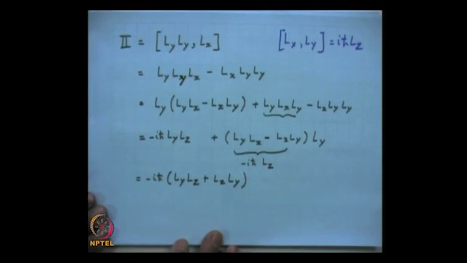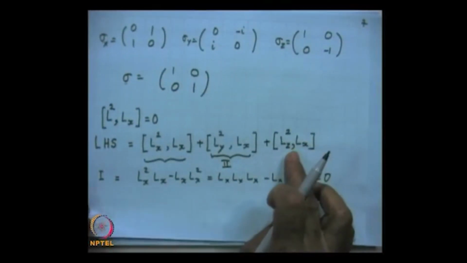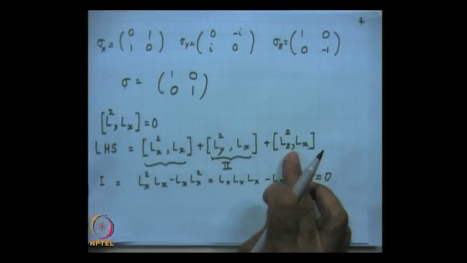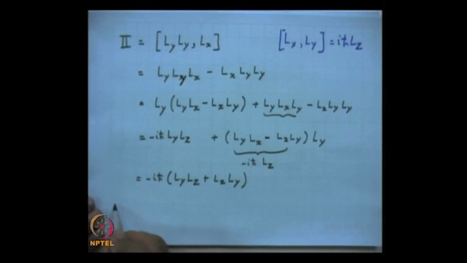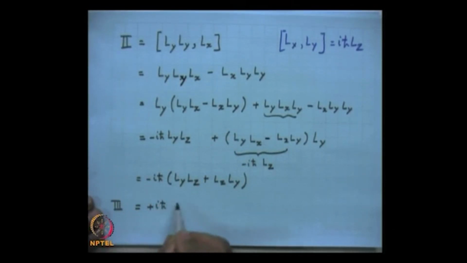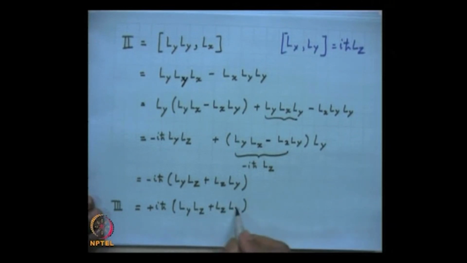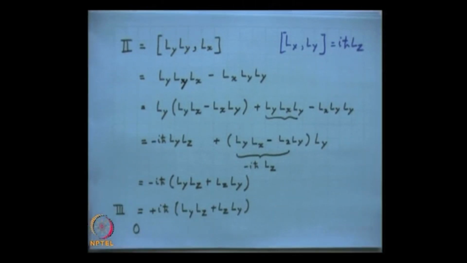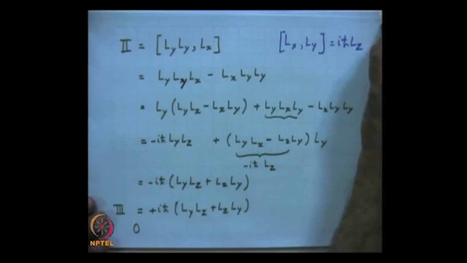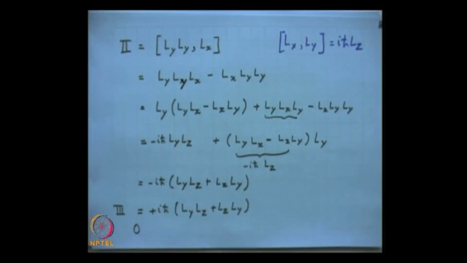I leave it as an exercise for you to calculate the third term, which is L z square L x, and carry out the same analysis, and the third term will come out to be the opposite of this, that is plus i h cross L y L z plus L z L y. And the total will be 0. So, we have established that L square commutes with L x.